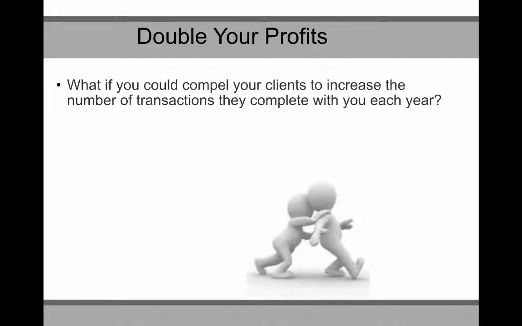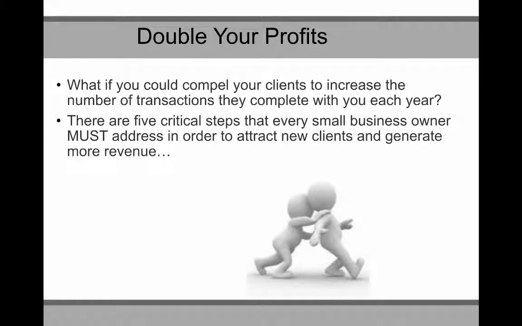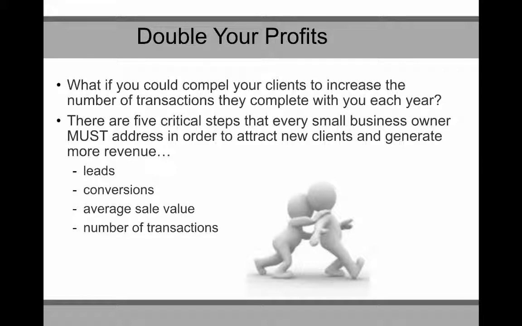And here's the bottom line. There are 5 critical steps that every small business owner must address in order to attract new clients and generate more revenue. These are leads, conversions, average sale value, the number of transactions, and profit margins.